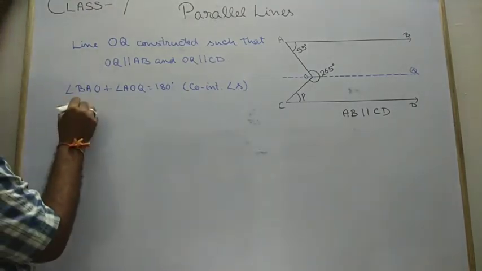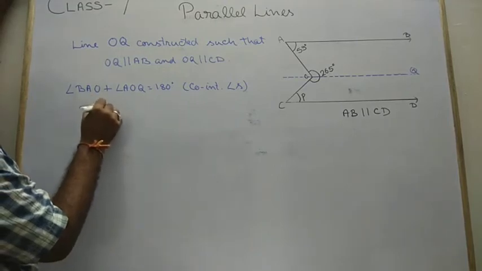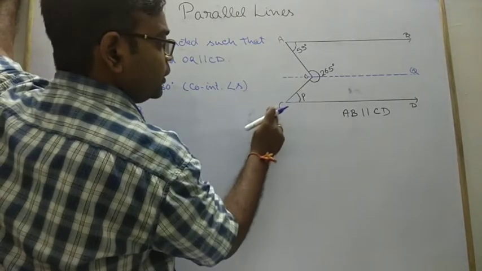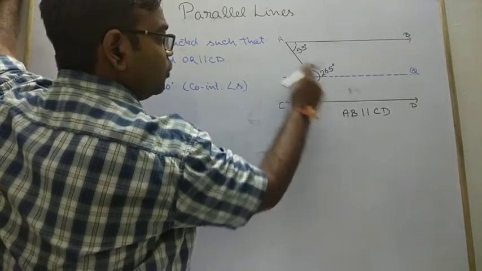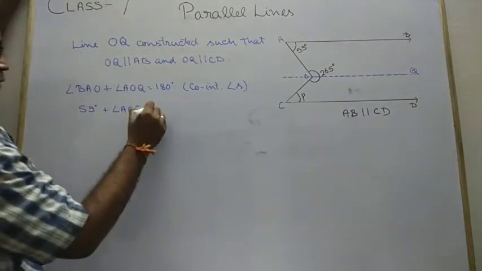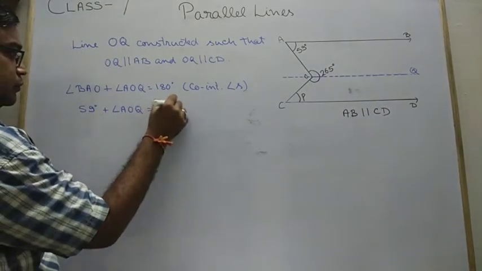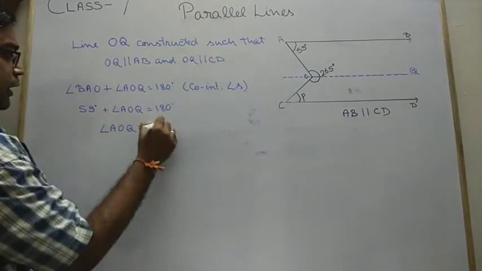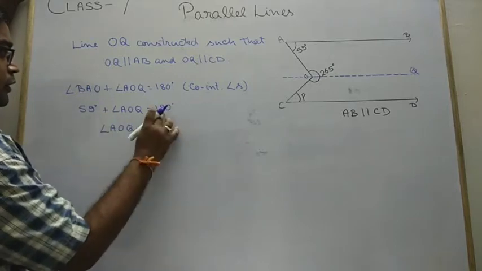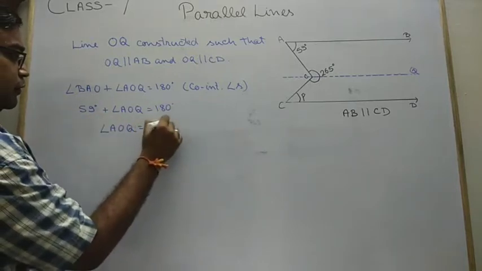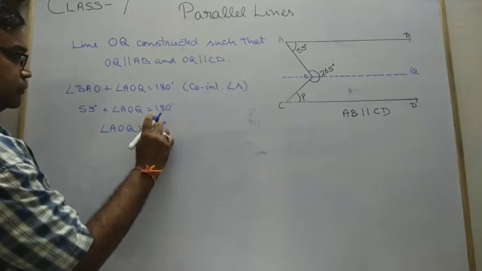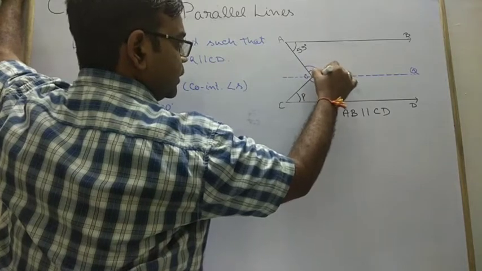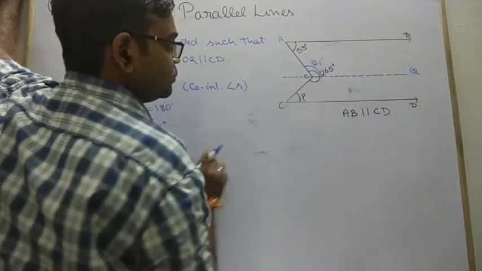We know the value of BAO, it's 59 degrees, plus we don't have the value of AOQ. We have the value of AOC, but not AOQ. So we can write angle AOQ directly: 10 minus 9 is 1, 7 minus 5 is 2, it's 121 degrees. Clear? So the value of this part is 121 degrees. Hope this is clear.